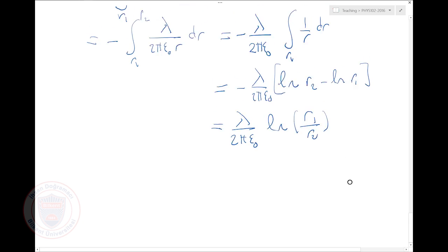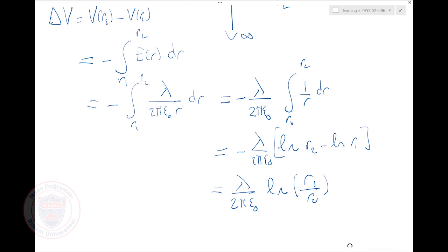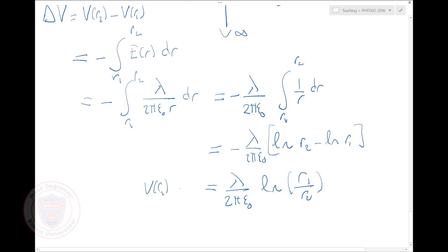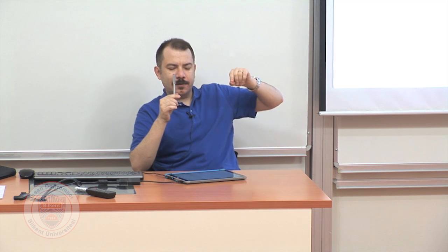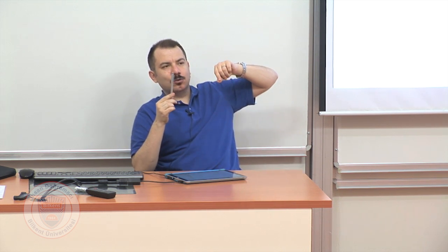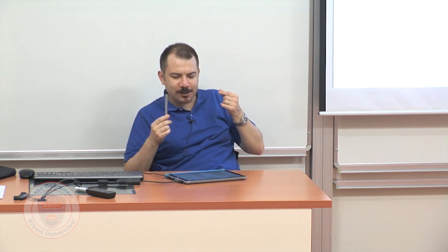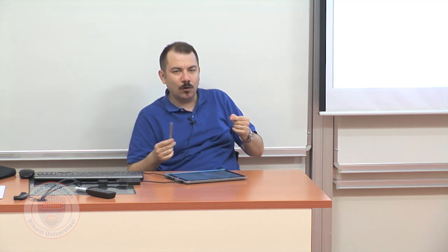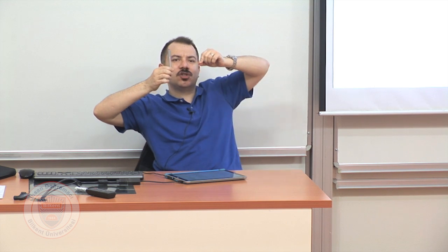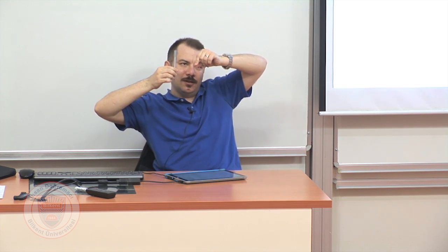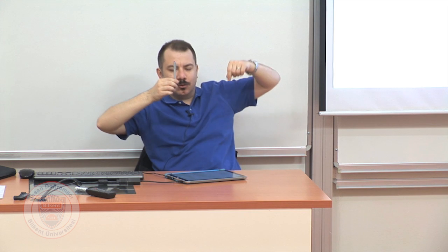First of all, let's check if I'm doing something correctly. V of R2 minus V of R1. Let's check the signs first. R2 is farther away from my line. So do I expect it to be at a higher potential or a lower potential? I certainly expect it to be at a lower potential, because if I leave a charge at R1, it will accelerate towards R2 because of the electric force.